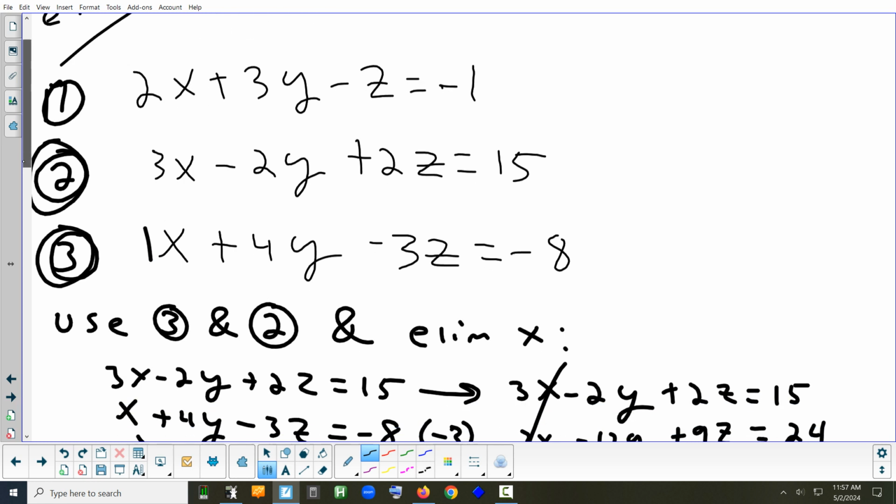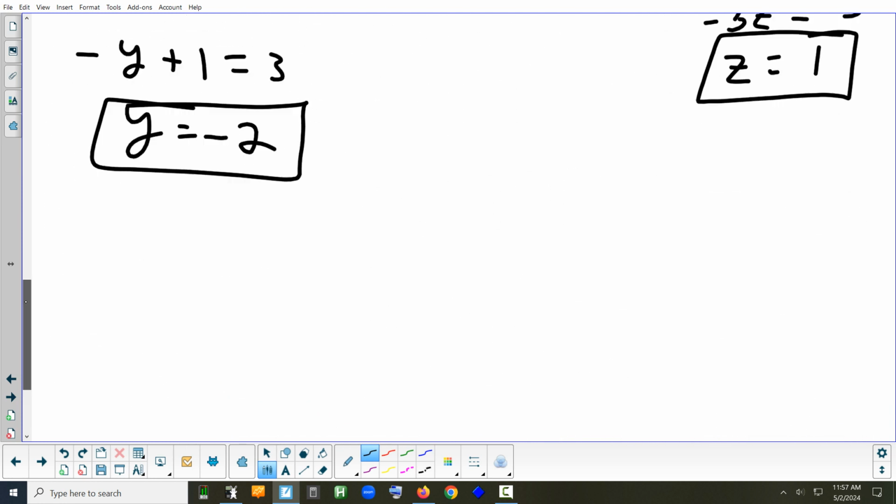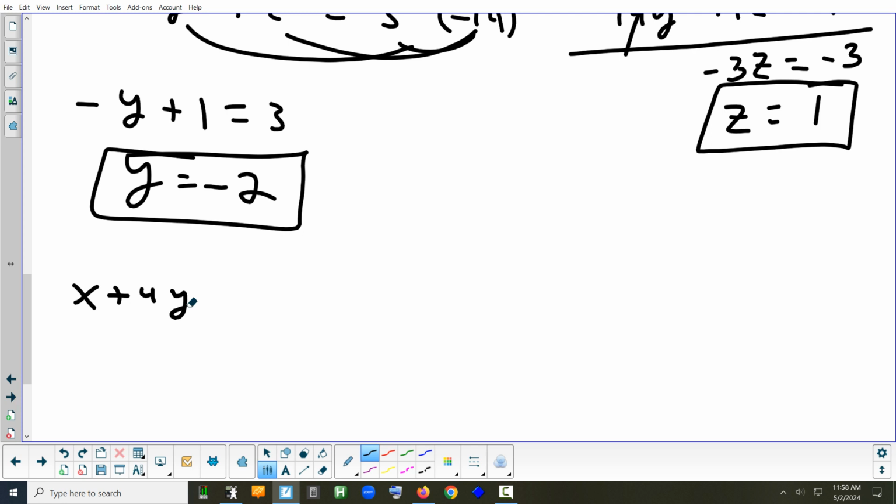So I got to write it down. X plus 4y minus 3z. What was it equal to? A negative 8. Okay, so x. What's 4 times negative 2? Negative 8. And what's negative 3 times 1? Negative 3.